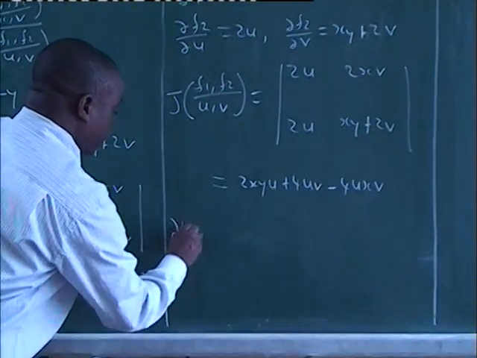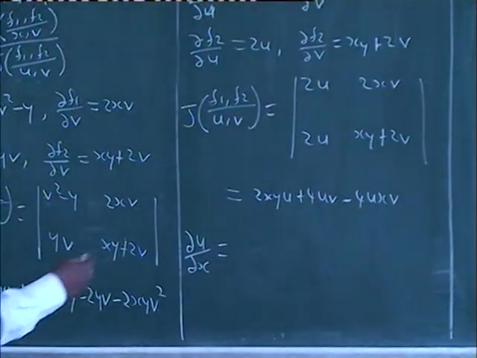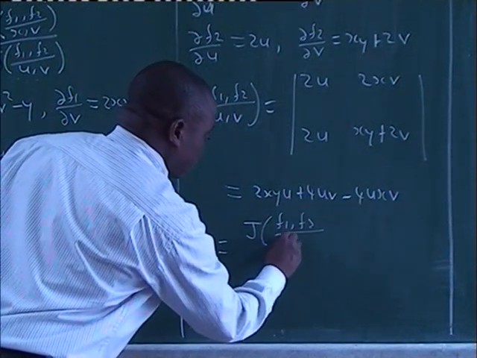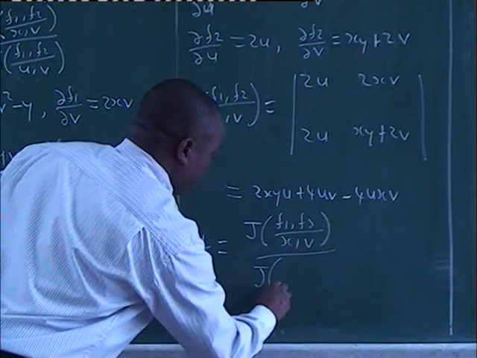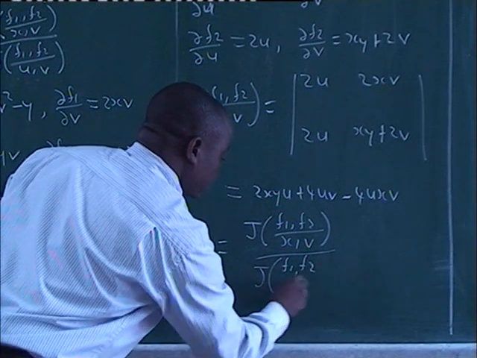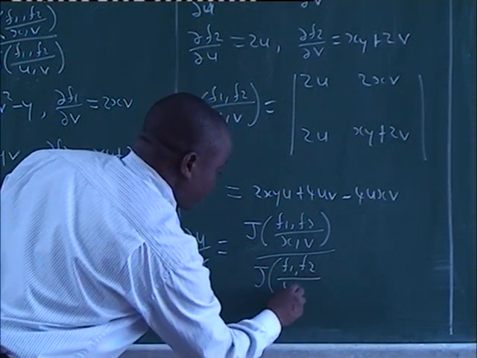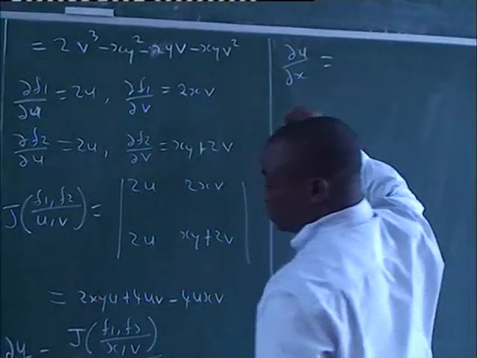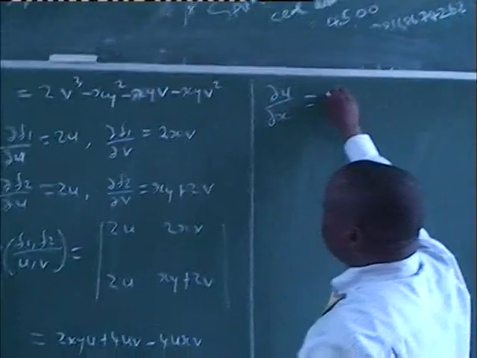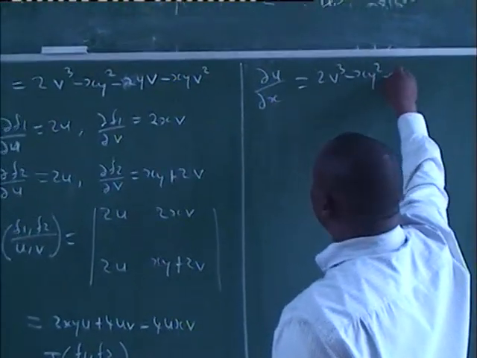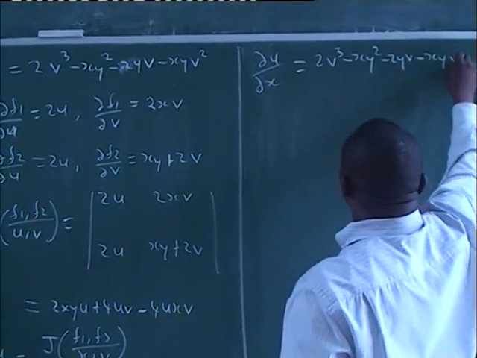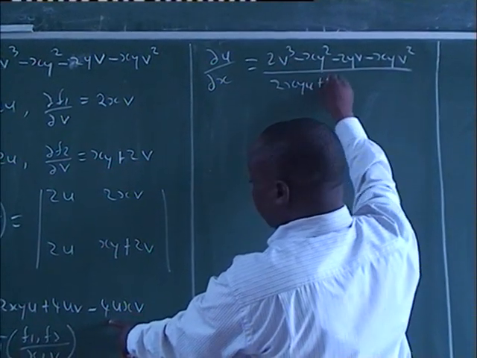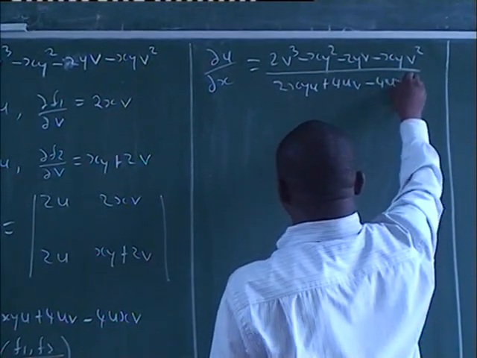Now, partial u partial x then becomes the Jacobian of f1, f2 over x and v divided by the Jacobian of f1, f2 with respect to u and v, which means partial u partial x will be equal to v minus xy squared minus 2yv minus xyv squared, divided by this Jacobian, which is 2xy plus 4uv minus 4uxv.